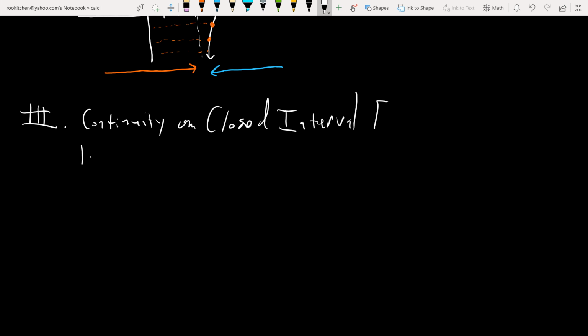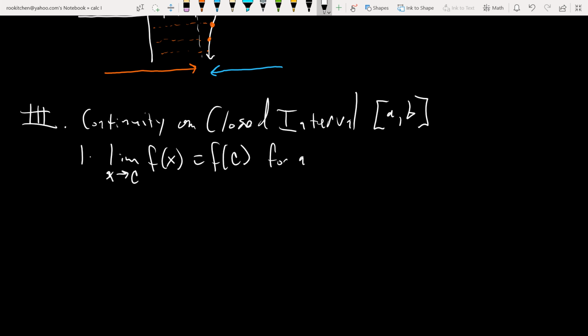So take some closed interval from a to b. The limit as x approaches c for any c in the interval must equal f of c. And then we also need these left and right hand limits as we approach the endpoints to work.